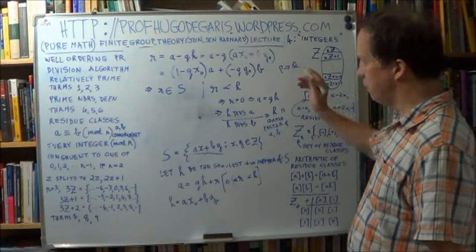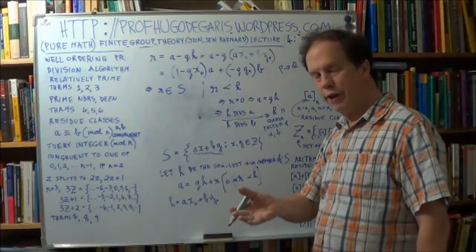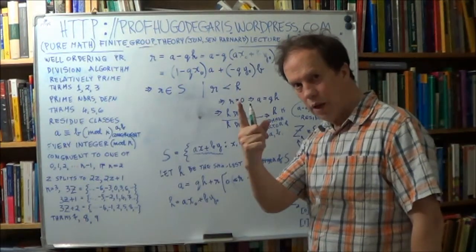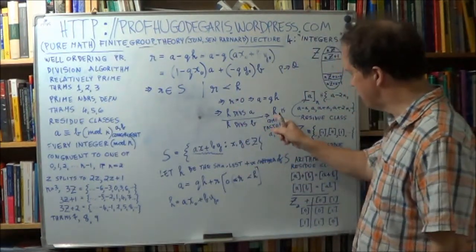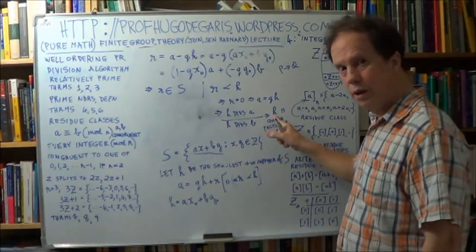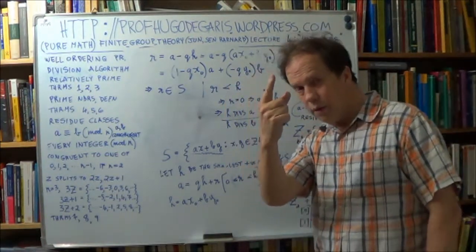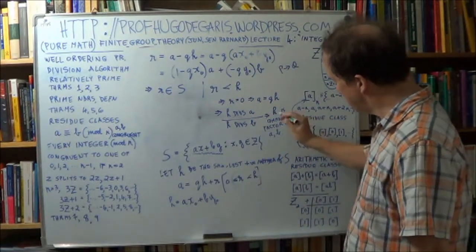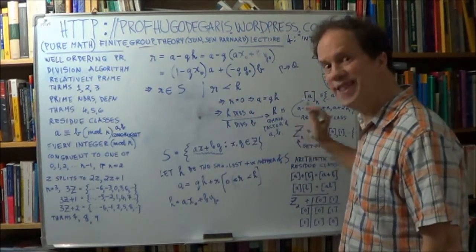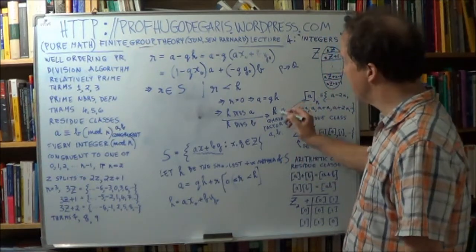Now, if A and B are relatively prime, the only common factor they have is 1. H is a common factor, but A and B have only one common factor, and it's 1. So H must be that single common factor. Therefore, H is 1.